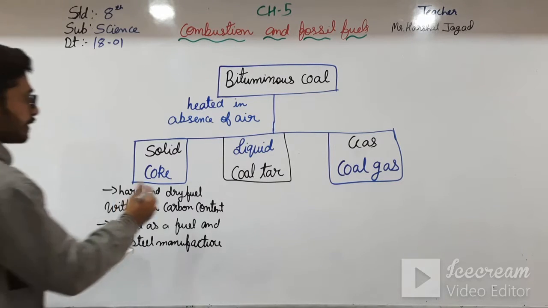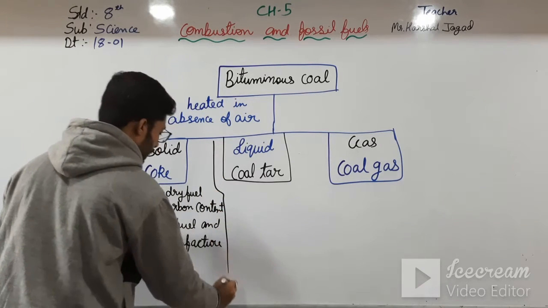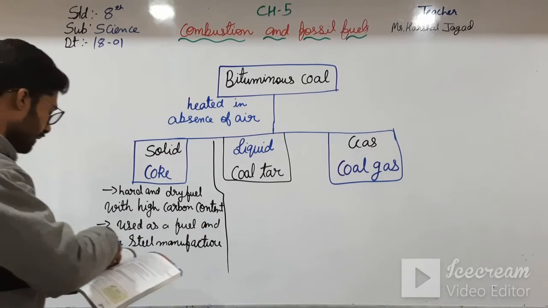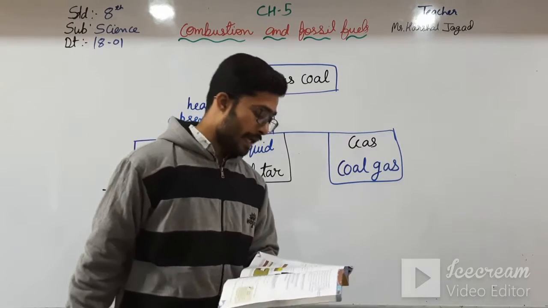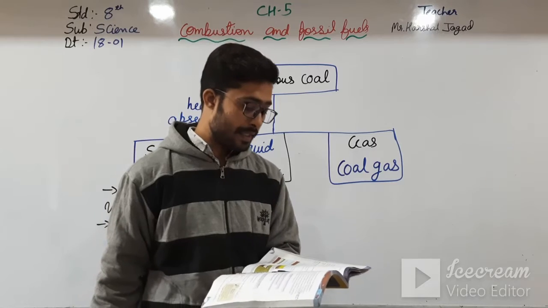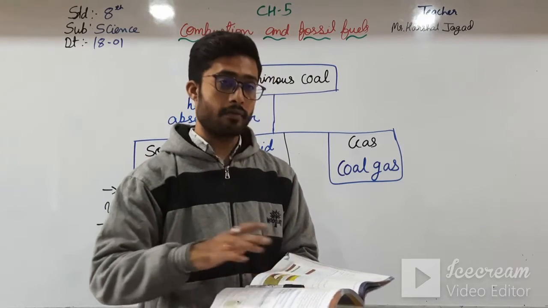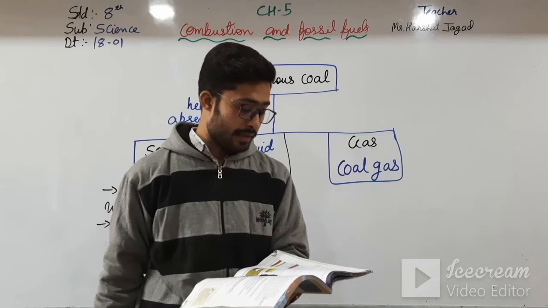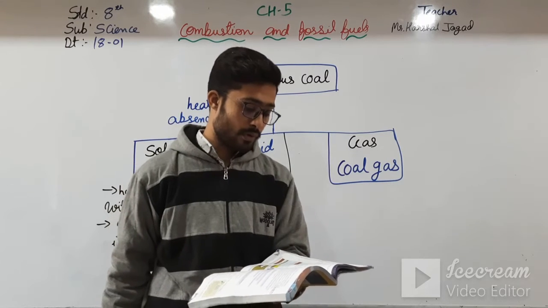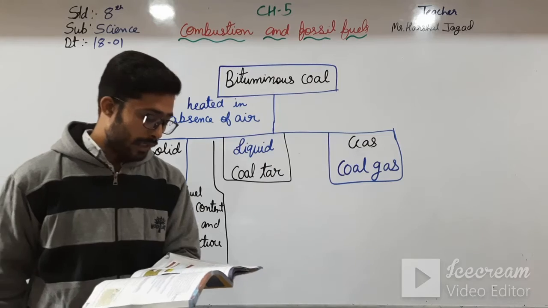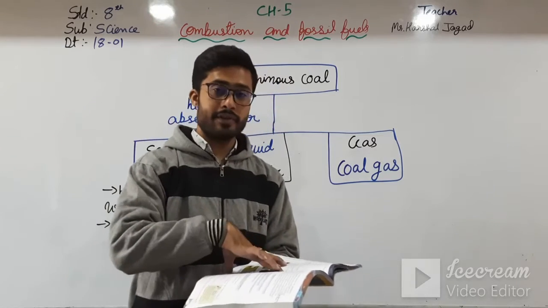And then the coal tar, what is it? Coal tar is a thick, black and viscous liquid with unpleasant odor. It is used for improving the surface of roads, in medicated shampoos, soaps, ointments, and as fuels in industries.